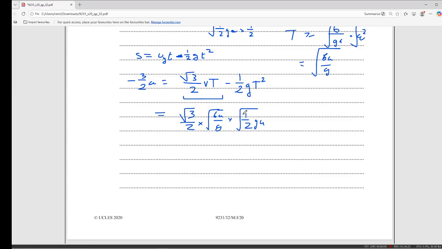Okay, let's just evaluate this term first. This gives me whole root of, let's just square this and write it as 3 by 4 times 6a by g times 1 by 2 ga, and this is equal to the root of 18 by 8.